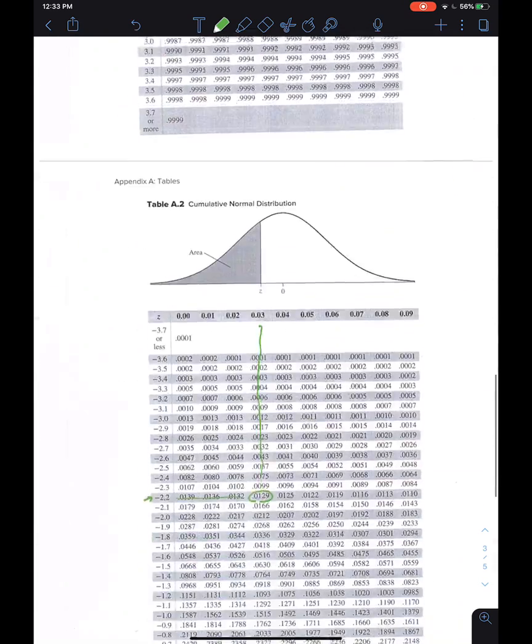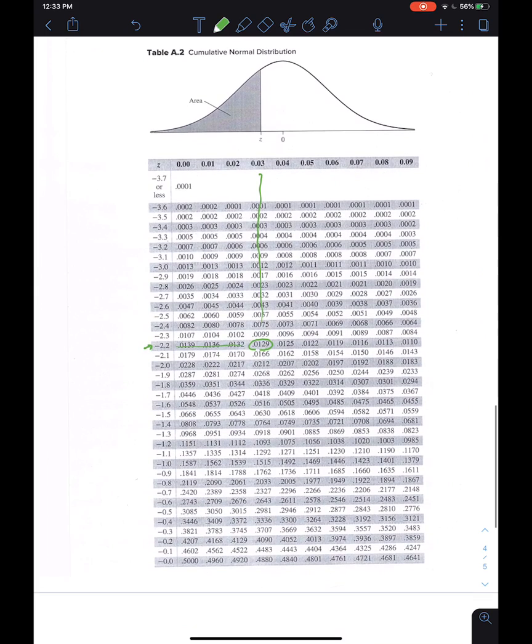This could be on the negative side. You know what? I am actually messing up right now. Let me start that over again. We're looking in the body of the table for 0.0294.